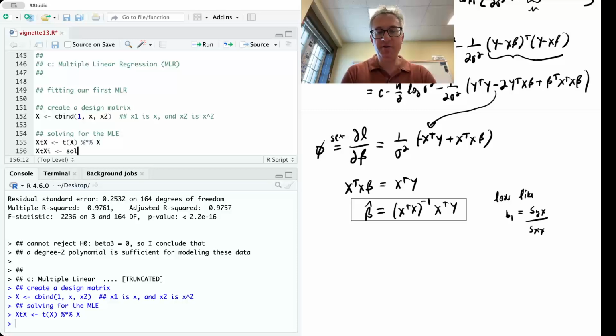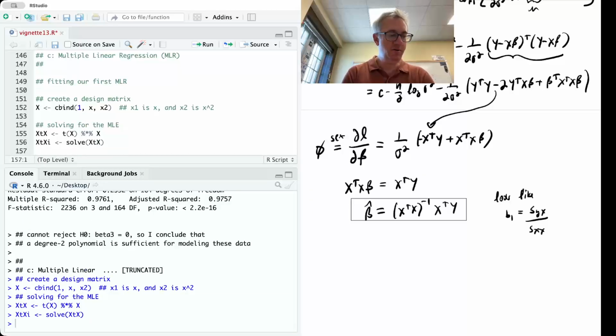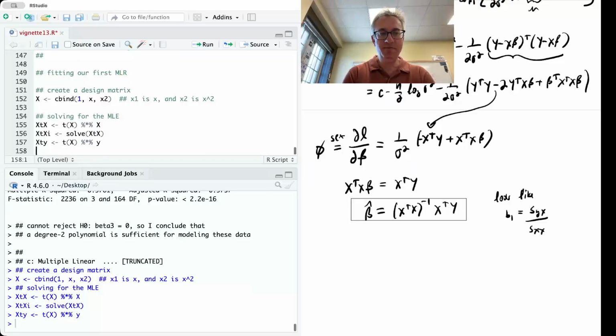In R, you do that with the solve command because you're solving a linear system, in this case, with the identity. So that's how you invert in R. And then x transpose y, so that's going to be the transpose of x again, but this time times y. And then finally, I can calculate beta hat. So beta hat is x transpose x inverse times x transpose y.